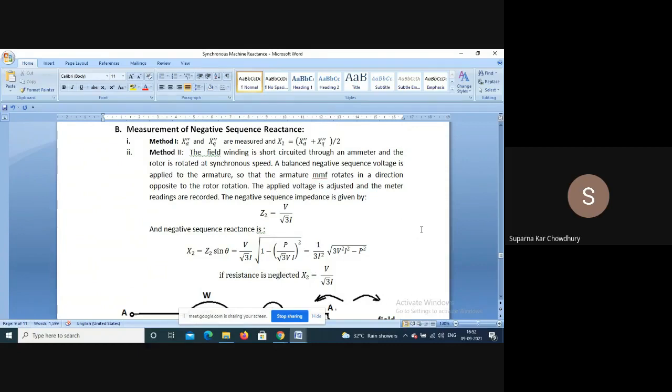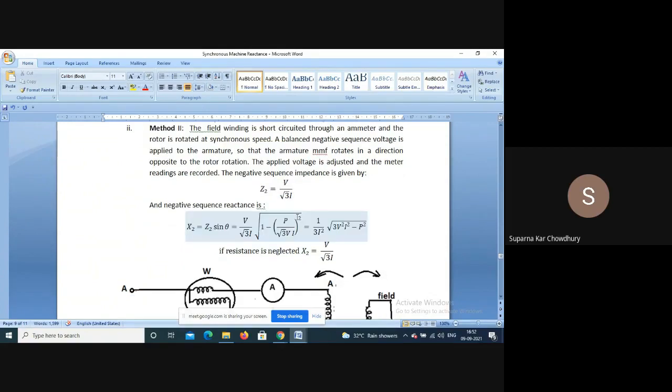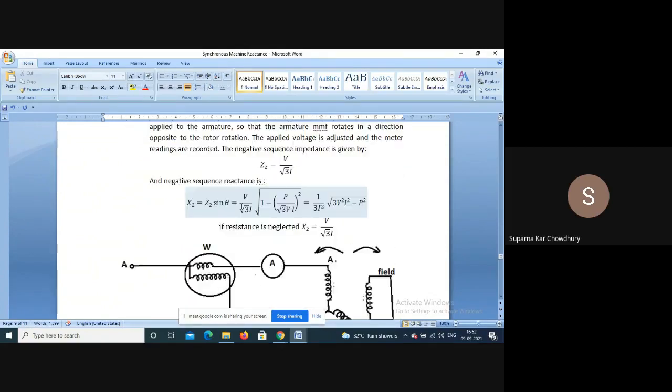The applied voltage is adjusted to have significant current flowing and the meter readings are recorded. So Z2 will be V by root 3 I. Negative sequence reactance X2 is equal to Z2 sin theta. If resistance is neglected, X2 will be V by root 3 I.